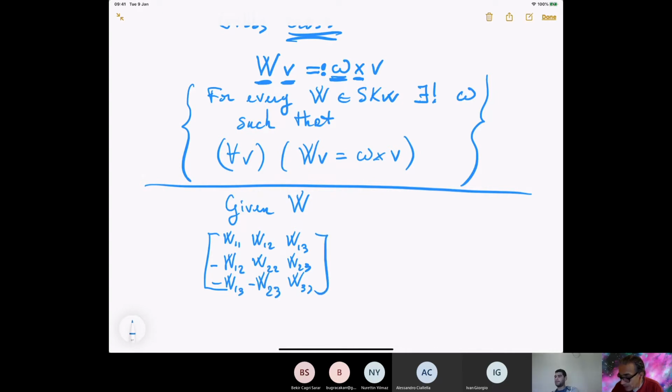It is skew symmetric. So in the main diagonal, in the principal diagonal, you have all zeros.